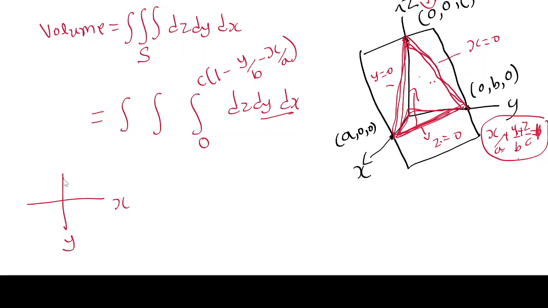It is something like this. I have (a, 0, 0), but in two dimensions it becomes (a, 0), and this point is (0, b). I have both x and y intercepts, so using these we can write the equation of this line. To write the limits, I need the equation of this line, which is directly x/a + y/b = 1.